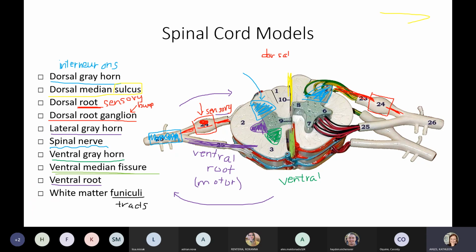So when you get this question on the homework assignment, you can click in any of the places where there's white matter, because everywhere in the spinal cord where I have white matter, I've got groups of neurons either running up or running down. So the white matter funiculi are everywhere in the white matter. That's just the axons of my neurons sending information up or sending information down.